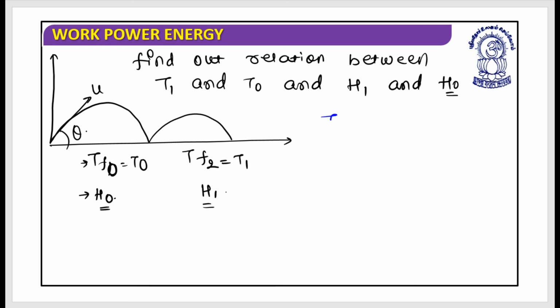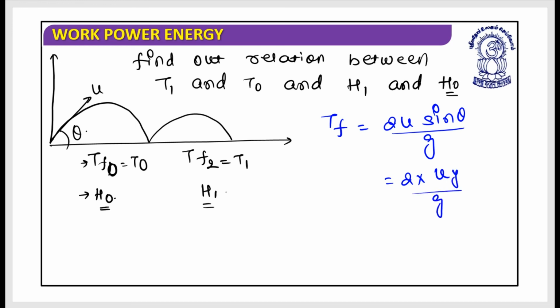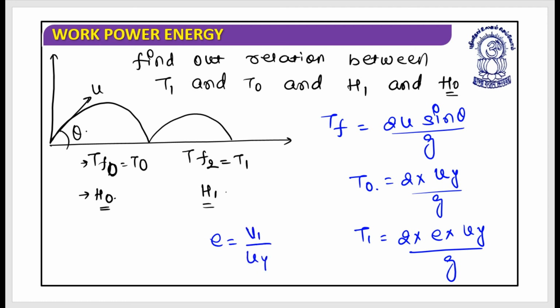Let's start with the time of flight, which is 2u sine theta by g. So this is 2 into uy divided by g. There is no need to explain that this is t naught. When I write t1, I should write it as 2 into e into uy divided by g. I hope this is clear. That e could be written as v1 divided by uy, so v1 is equal to e into uy, and I have written it over here.